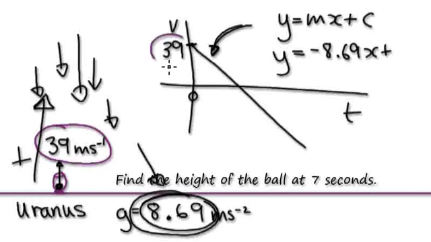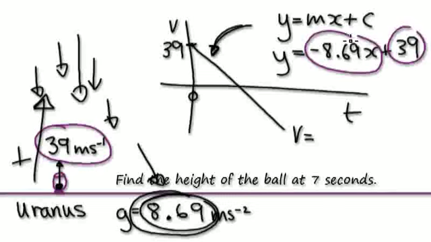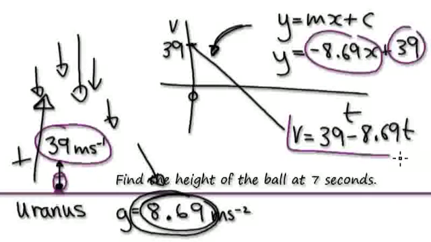Well, c is the intercept, which is 39. Now tidy up the equation. So velocity equals, let's switch these two around so it looks neater, 39 minus 8.69 t. So this is our equation for this straight line.